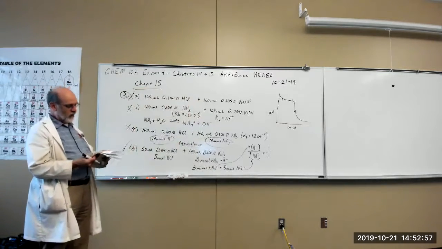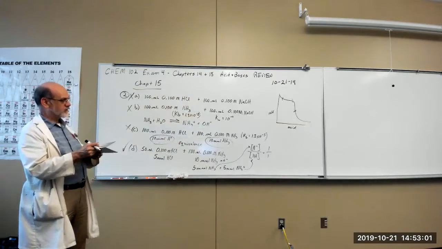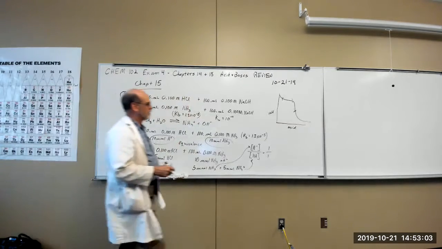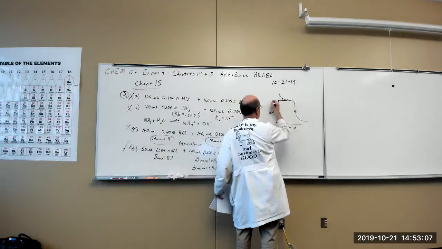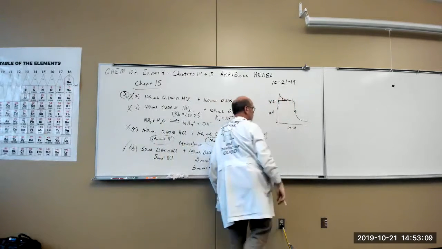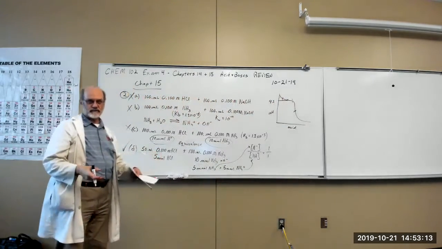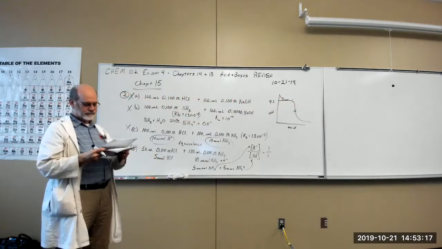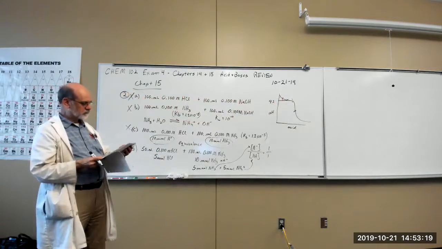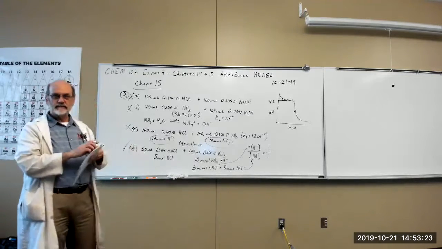Now, the way I work the problem out in the work problems, I actually tell you what pH that occurs. What is this pH? Well, it's 9.2 something. But we didn't need to know that to answer the question. I just did that for kicks. Okay?